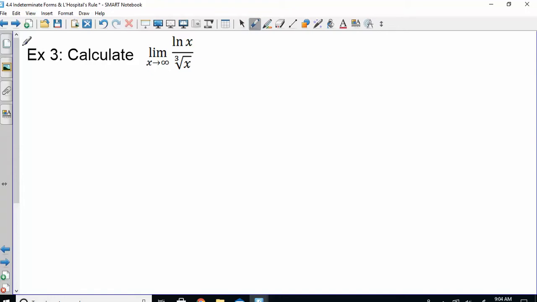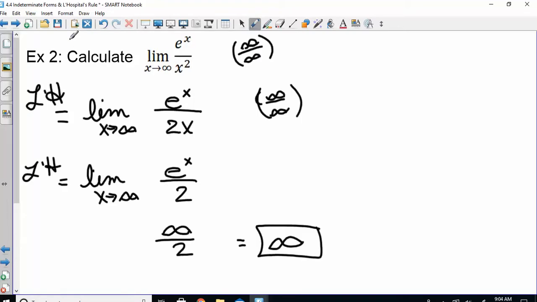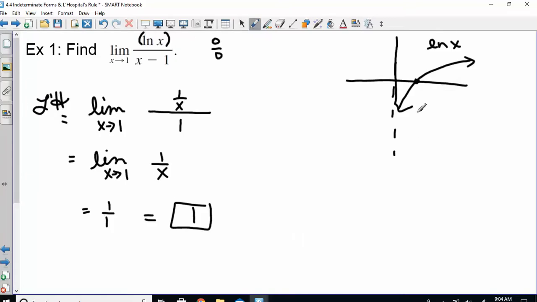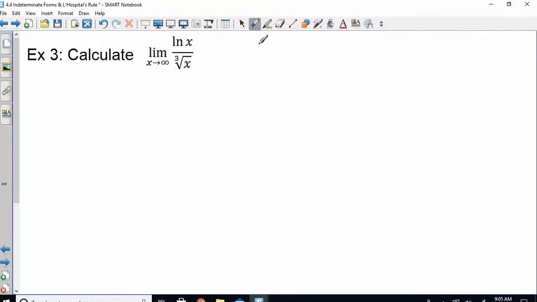If I just plugged in, what would be the natural log of infinity? Infinity. Remember I drew that natural log graph on the first example. As it goes on, it just keeps going up. So that's infinity. What's the cube root of infinity? Still infinity. So this is an indeterminate form.